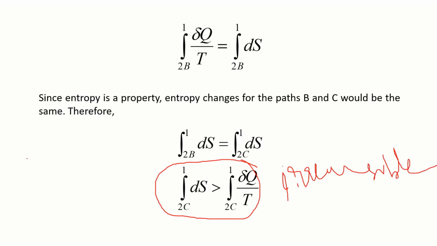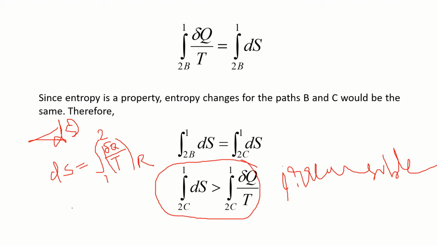So please note that dS is equal to the integral from 1 to 2 of delta q by T, provided this process is reversible. dS is greater than the integral from 1 to 2 of delta q by T for irreversible.